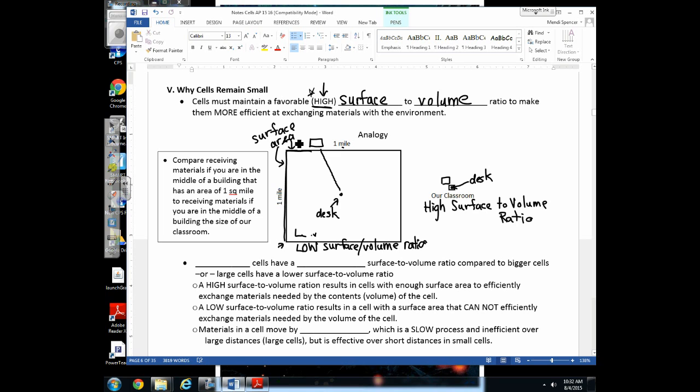The surface area is represented by the outside of this box. For volume, imagine putting your hand inside of the box, and all the air that your hand comes in contact with is making up the volume of the box. So all the area inside is representing the volume.